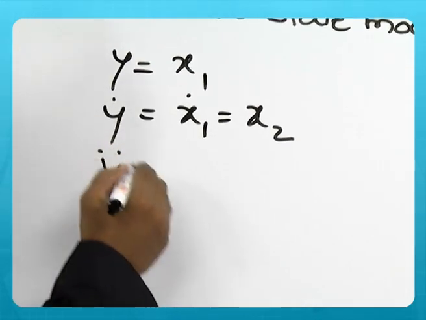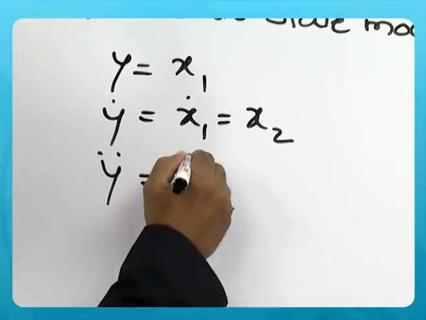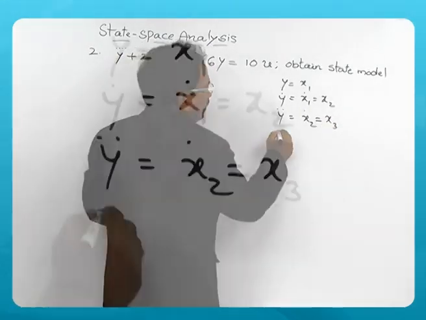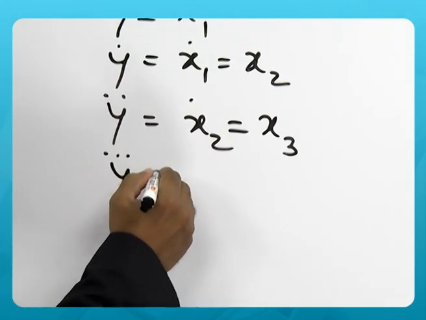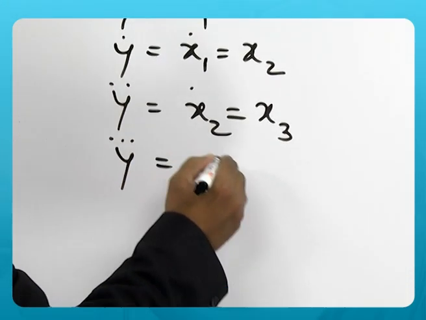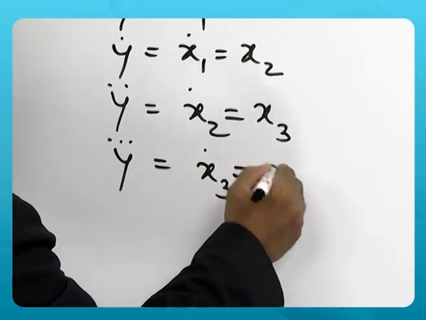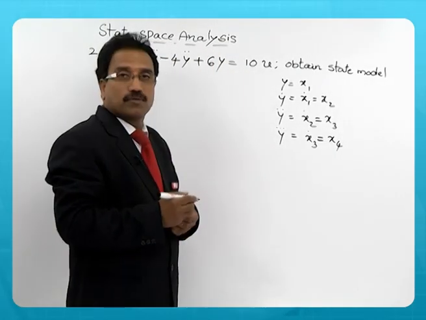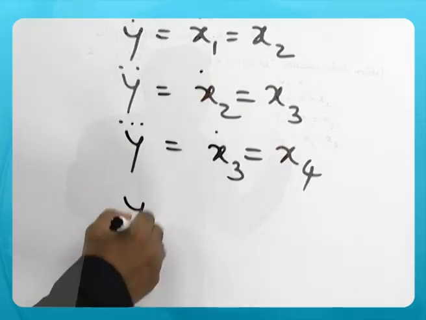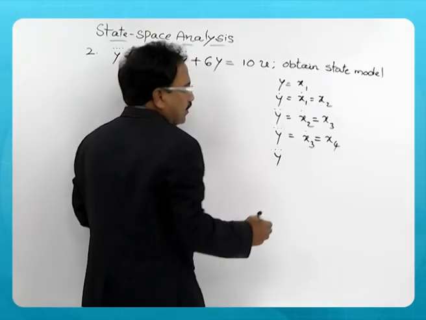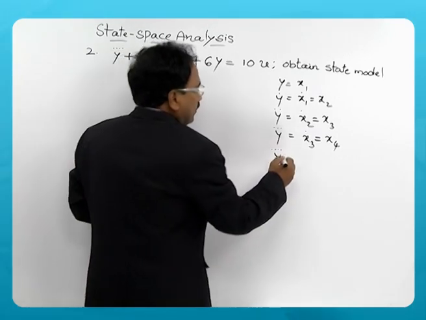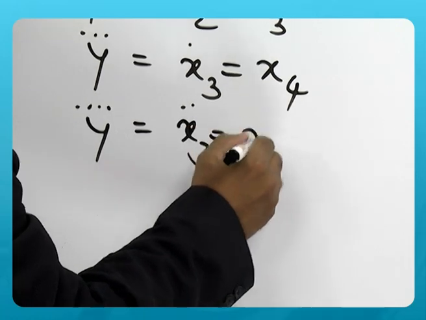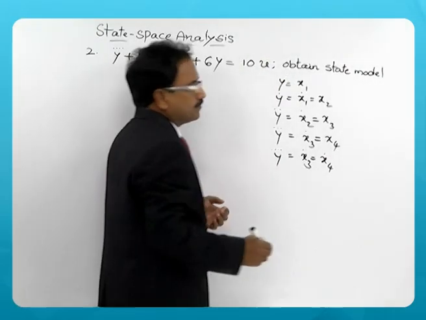Then y double dot is x2 dot, this is equal to x3, another state variable, and y 3 dots is x3 dot. So this is another variable because the order of the system is 4. So you have 4 state variables. Now the last one, you have 4 dots on y. This is x3 double dot or x4 dot.